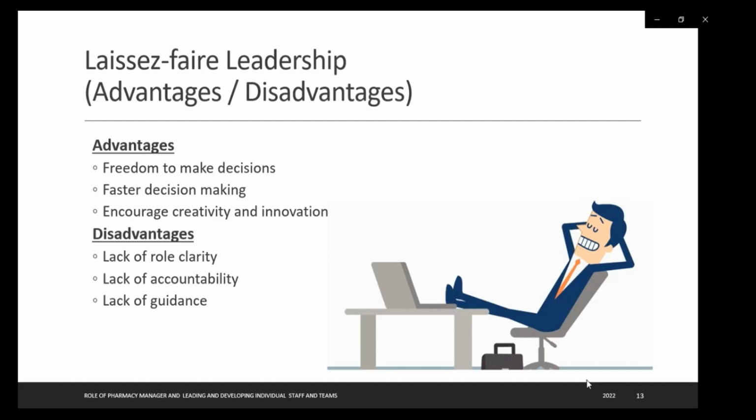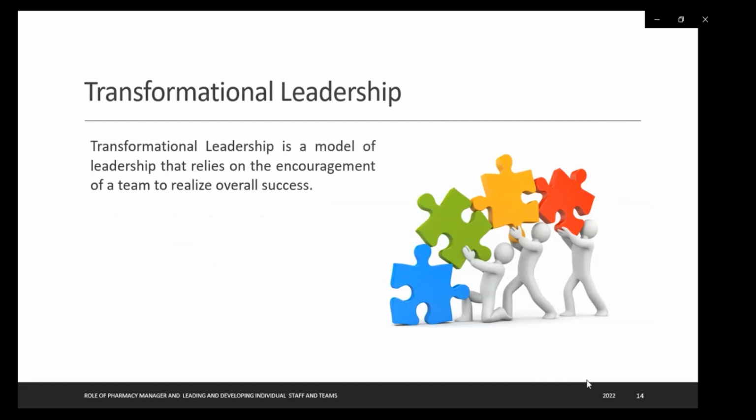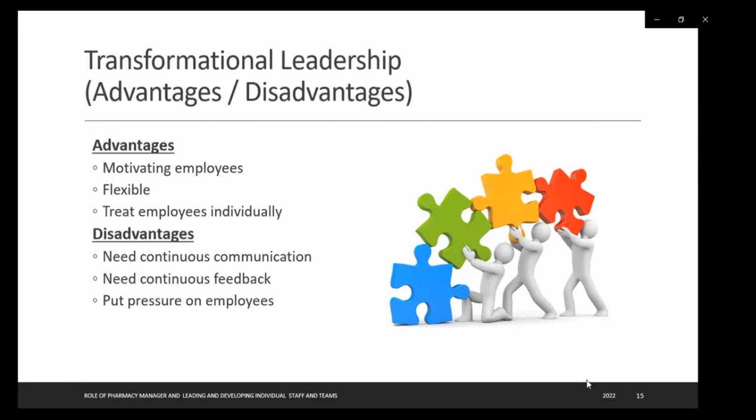Let's see the last leadership style, transformational leadership. Transformational leadership is a model of leadership that relies on the encouragement of a team to realize overall success. Let's see the advantages and disadvantages. Motivating employees, and it's flexible. It treats employees individually.